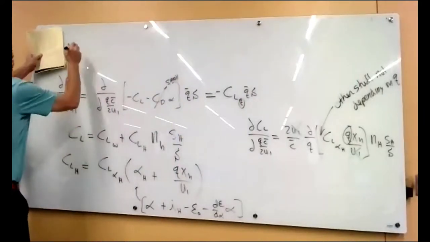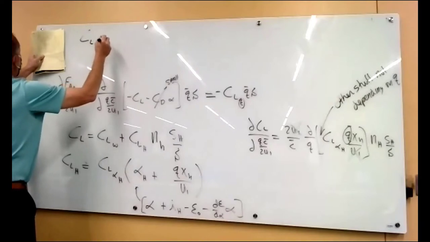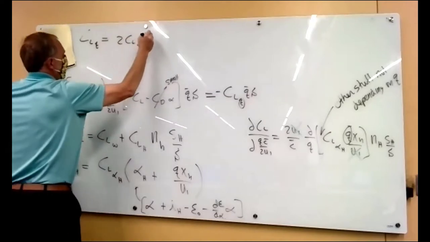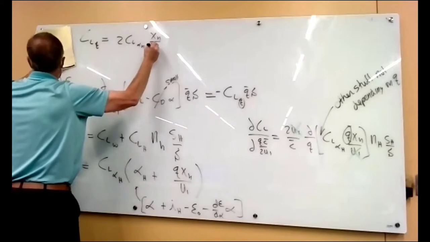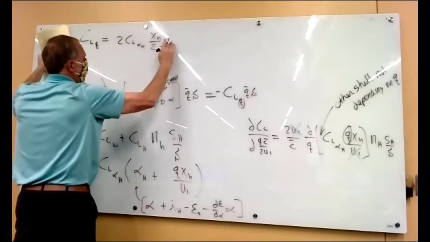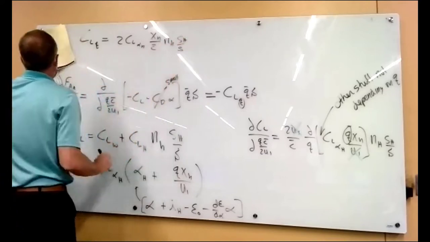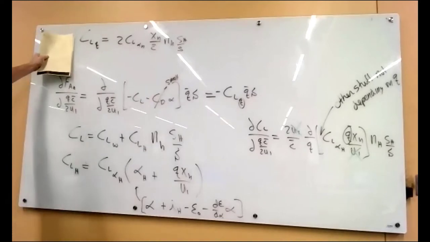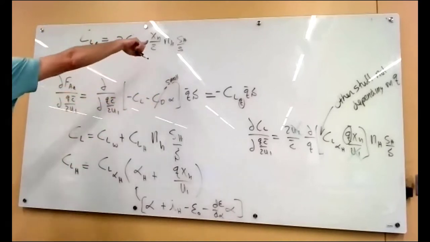So the formula for CLQ looks like this. Yeah, we got the XH over C bar goes there, so we're good.